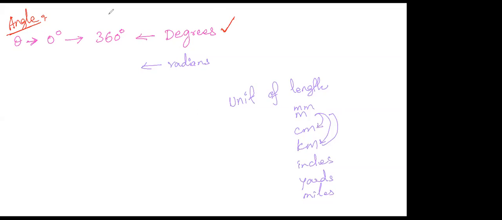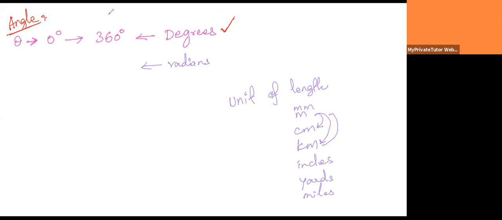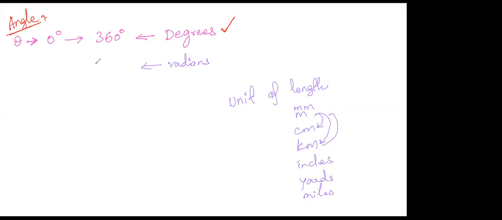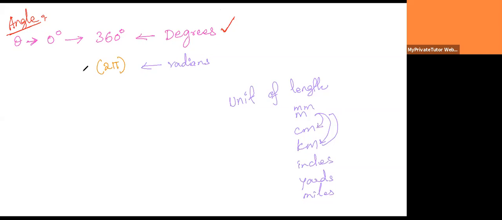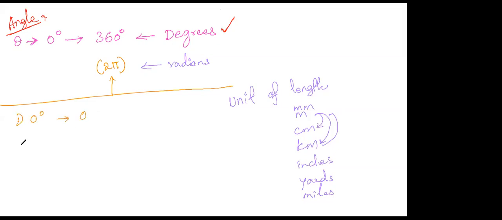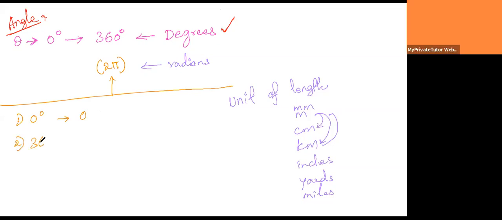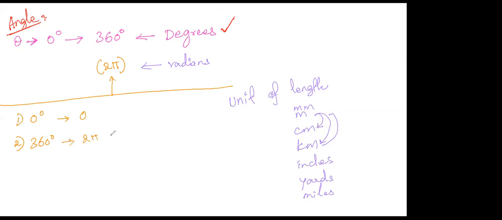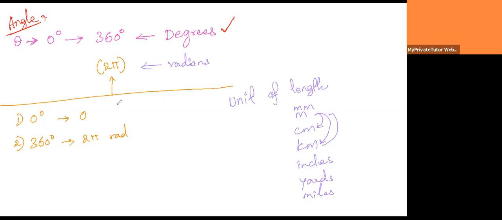So what is radians? 360 degrees is nothing but 2 pi radians. If you want me to write some values, 0 degrees is 0 radians, 360 degrees is 2 pi radians, and 180 degrees is pi radians.